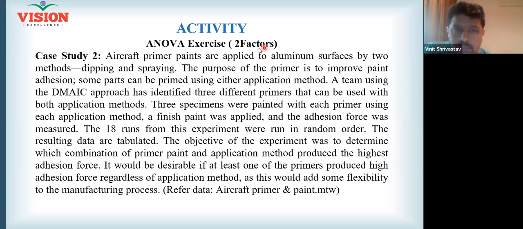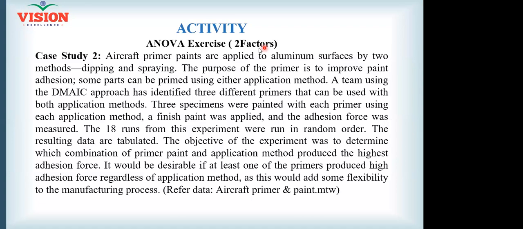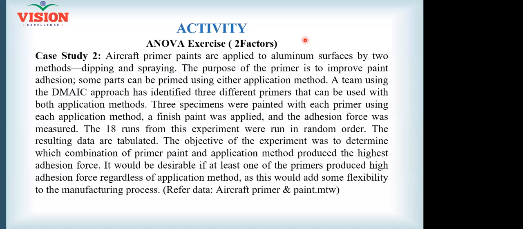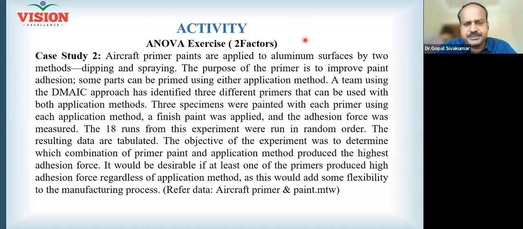Okay. So there is a way by which you can understand the paint strength, which is known as adhesive strength. Am I right? The adhesive strength of the paint. And the company knows that the adhesive strength depends on the type of primer that is used and the type of painting method that is used. Adhesive strength is my output, Y variable.